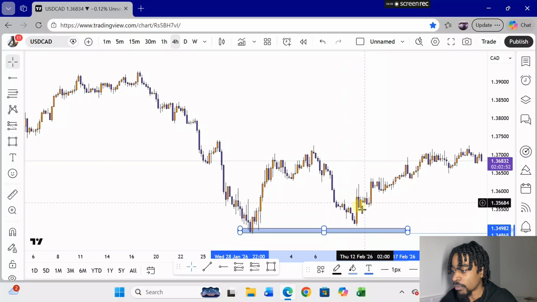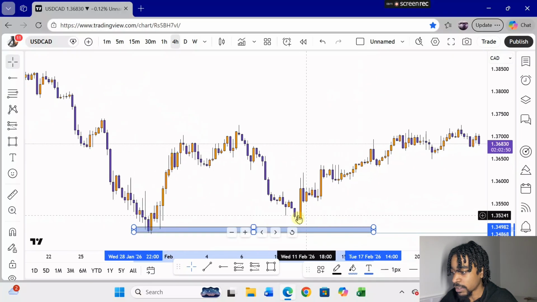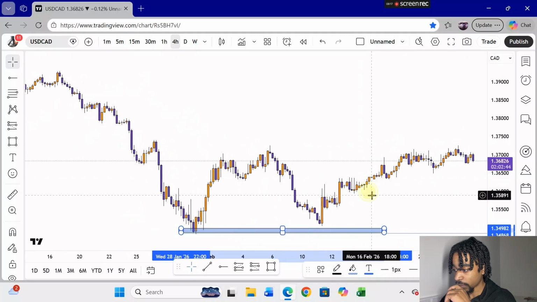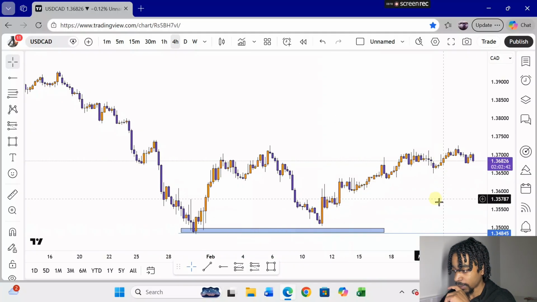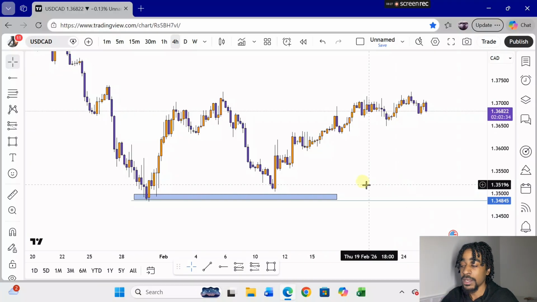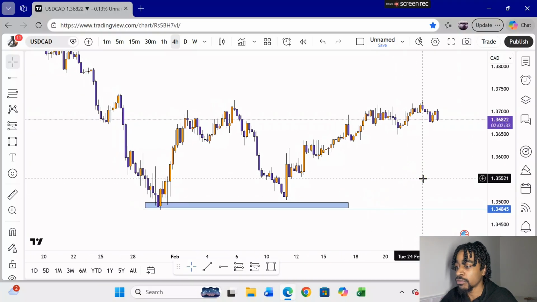And then from that engulfment candlestick, so you guys can see 1, 2, 3, boom, engulfment, price moves off from that level and pushes all the way up. And again, if we were to double check the price point that is actually at, double zeros, as you guys can see right there, 1.35000.